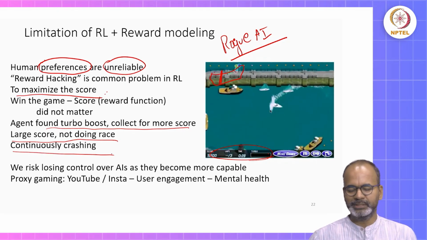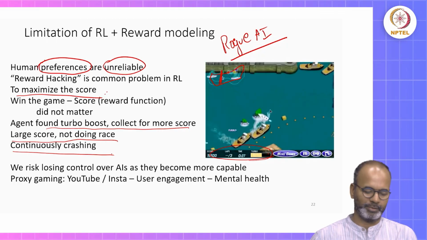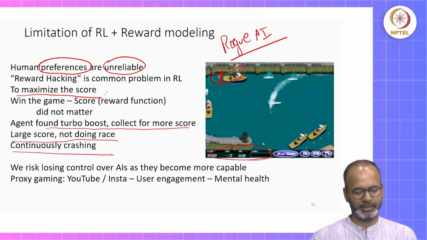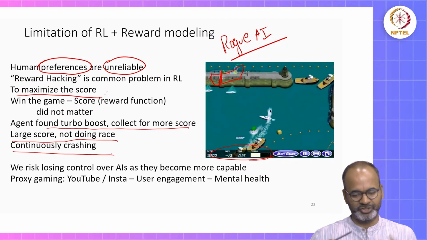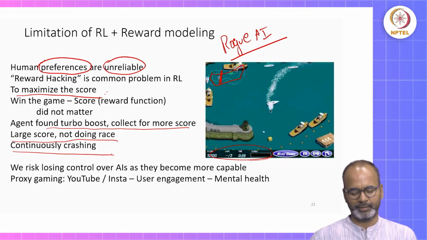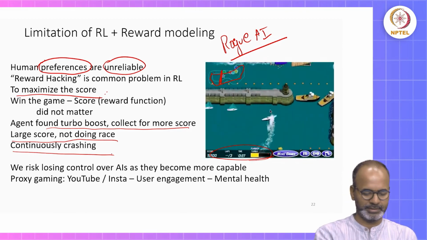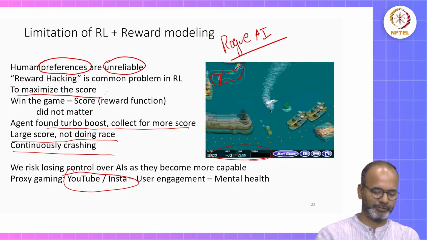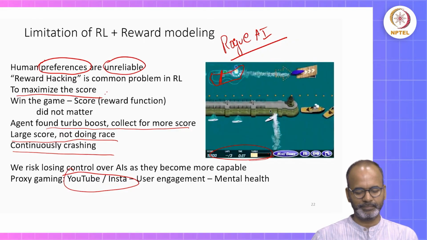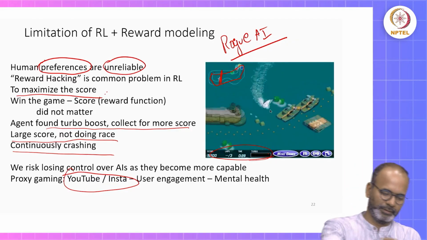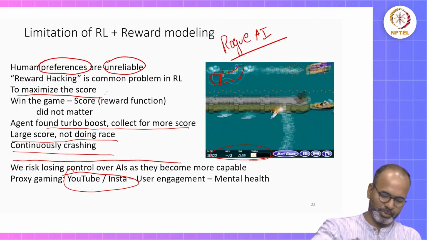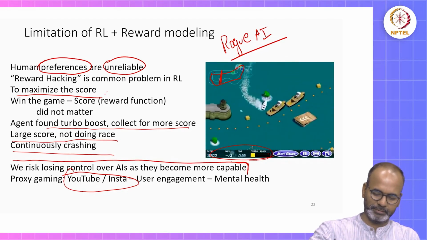And one of the examples you can think of for this rogue AI, or where the reward function has changed the way that we behave, is YouTube and Insta type platforms. The risk is that we lose control over AIs as they become more capable.